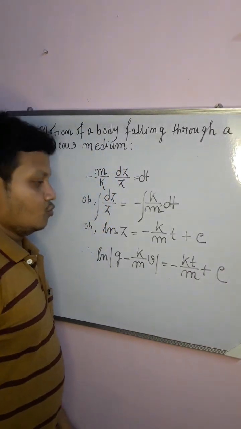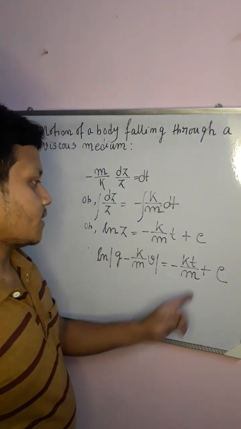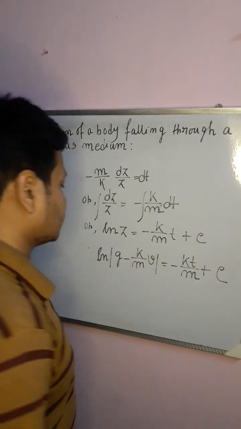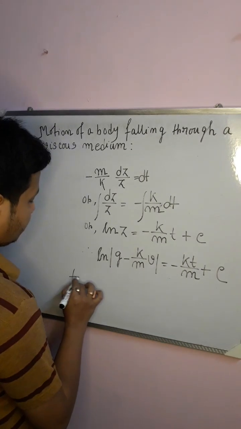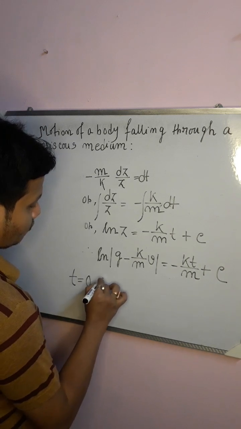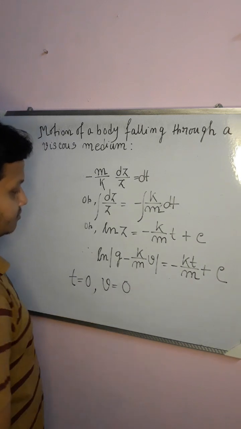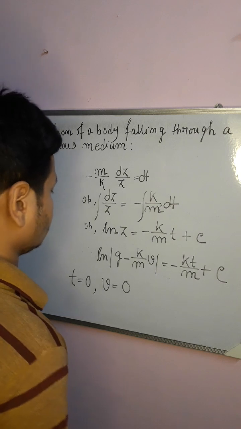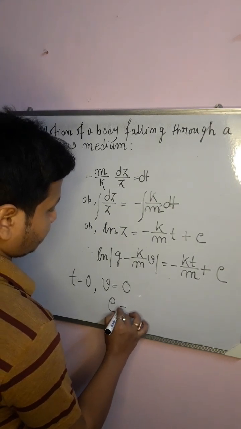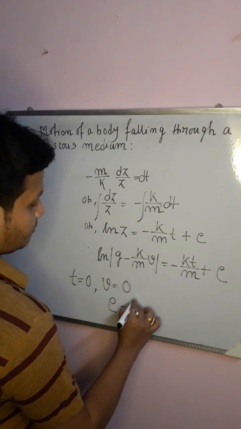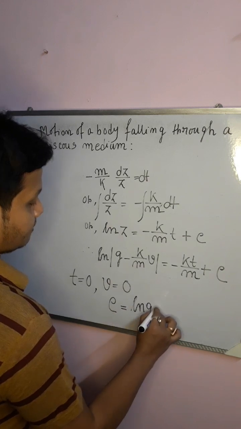Now we require a boundary condition to find the value of c. Initially, at t equal to 0, the object is at rest, that means v equals 0. If you put this condition in this equation, c will be ln g.